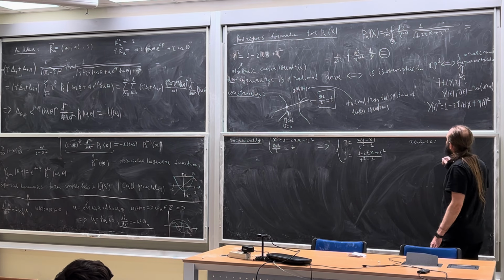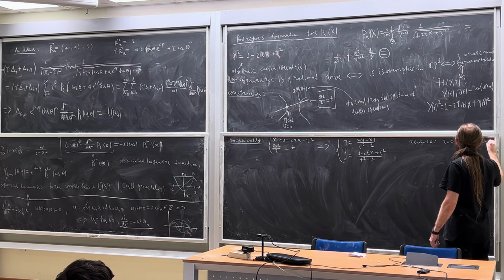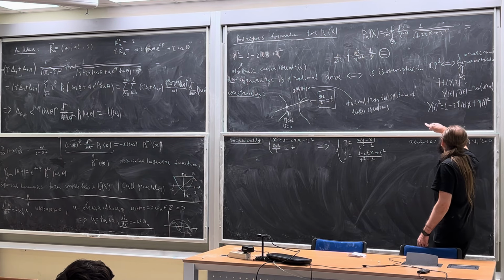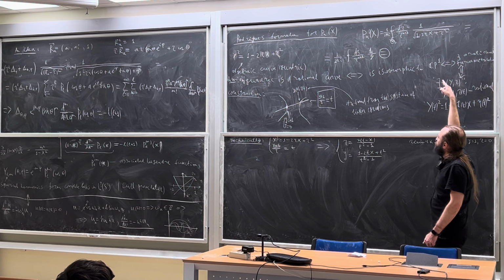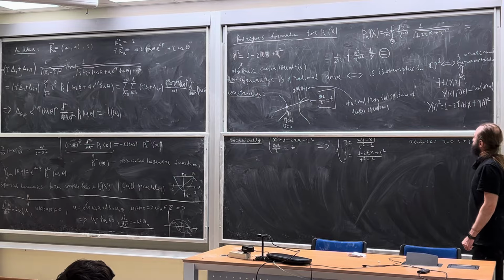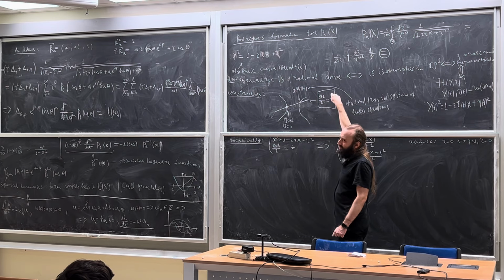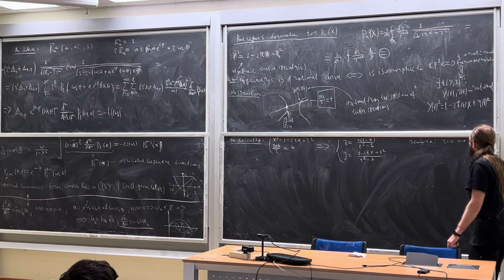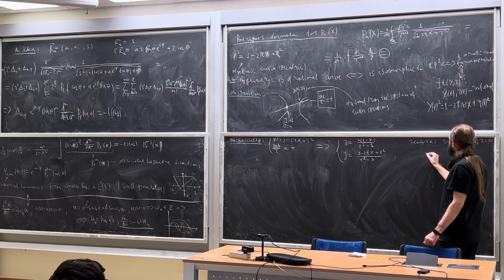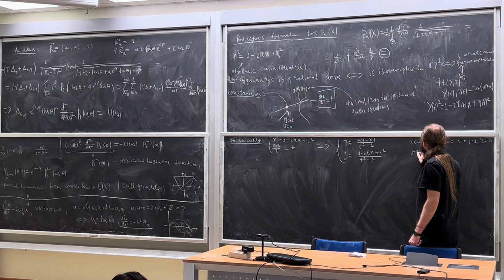So r equals 0 corresponded to y equals 1, because we know which branch of the square root to take. It should equal 1 when r equals 0. So we should see where this point maps under this map. What is the point that corresponds to it? What value of t corresponds to this point?